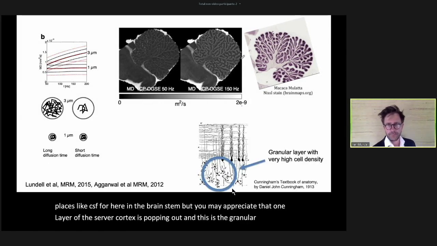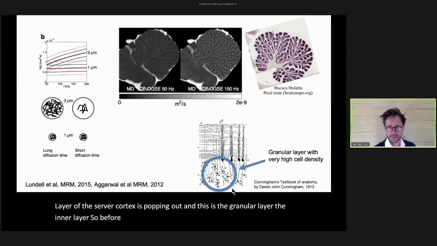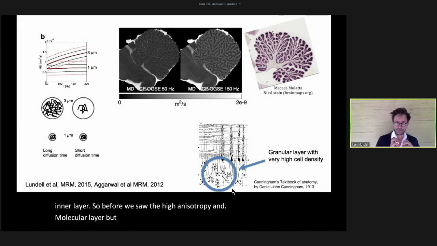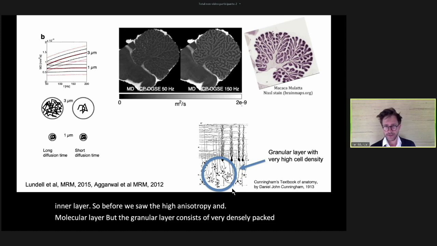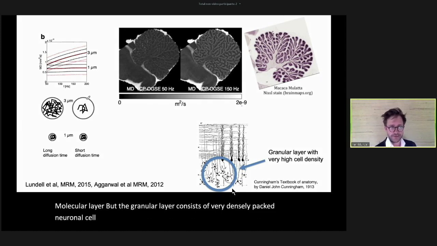So before we saw the high anisotropy in the molecular layer, but the granular layer consists of very densely packed neuronal cell bodies. And this is kind of the situation we see here.